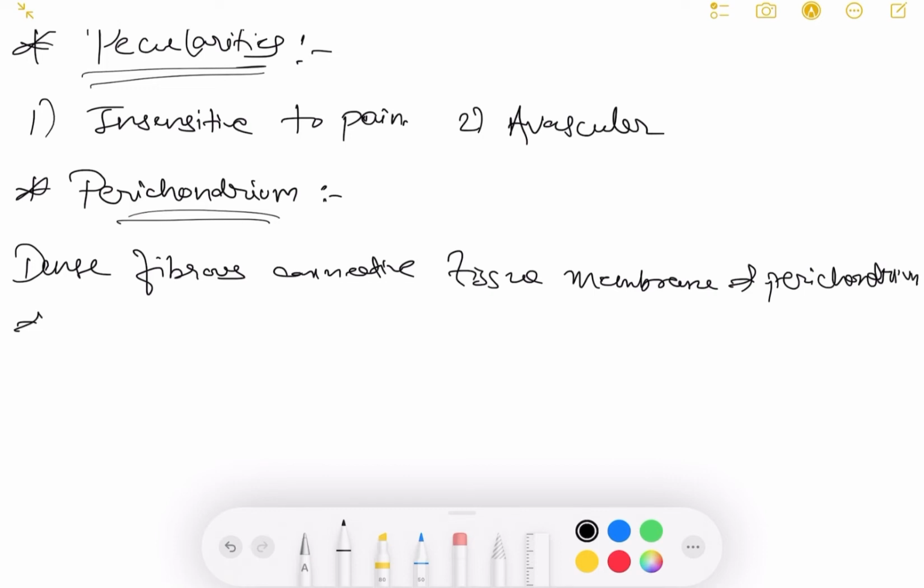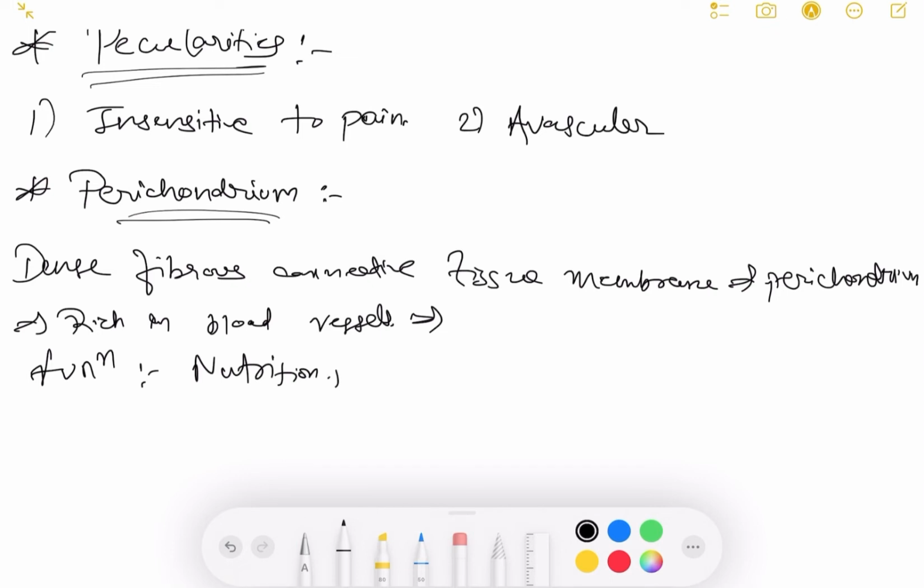And it is rich in blood vessels. Getting this? So if the perichondrium is rich in blood vessels, what is the ultimate function? Nutrition to cells is received through the perichondrium.